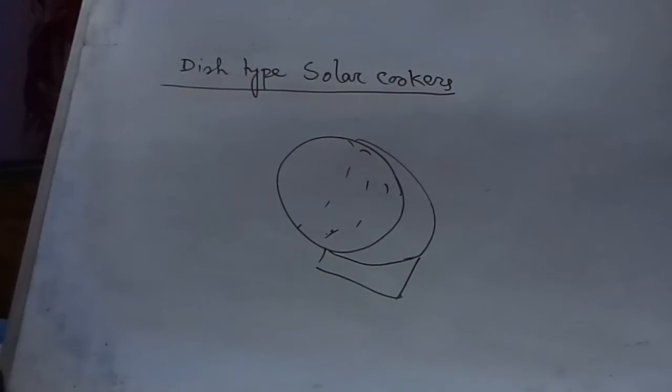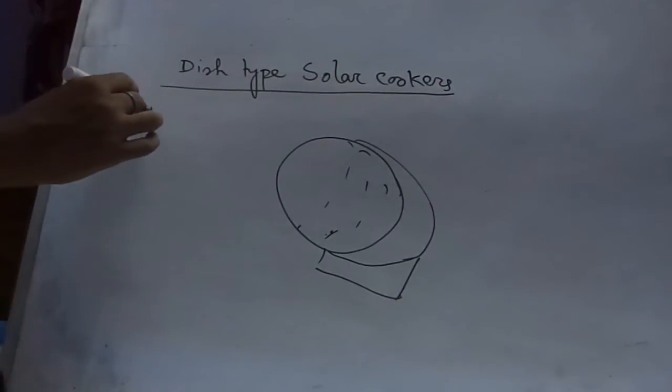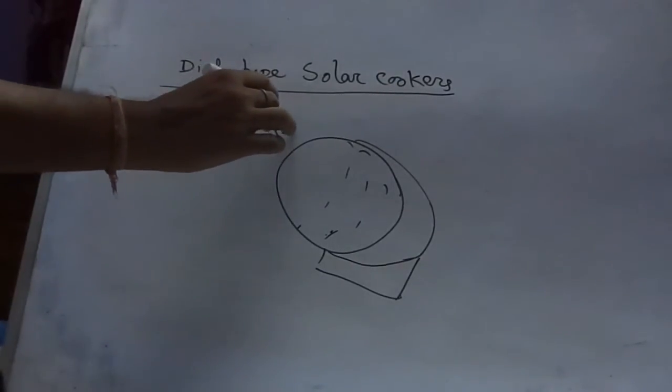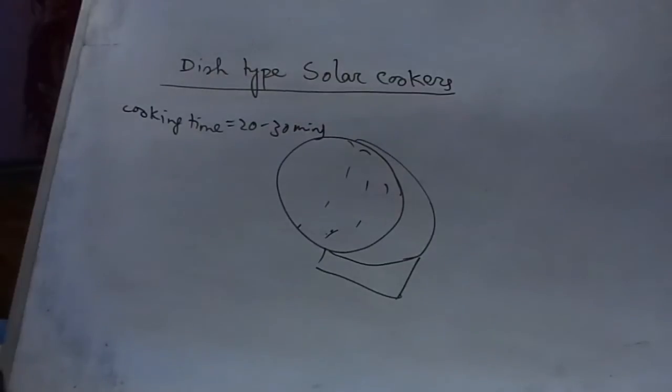The cooking time is approximately 20 to 30 minutes. A paraboloidal dish type solar cooker can reach a fairly high temperature of about 450 degrees centigrade, and a variety of food requiring boiling, baking and frying can be cooked for 10 to 15 persons.